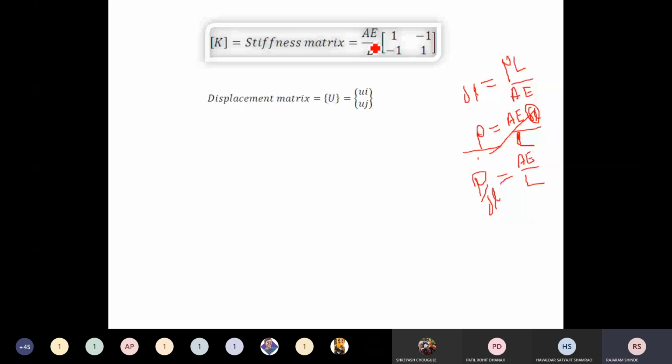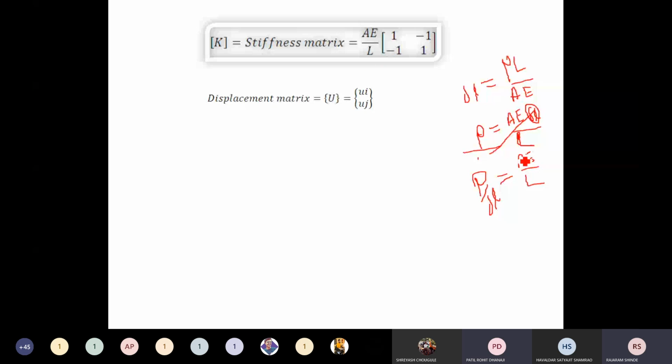That means if you observe the stiffness matrix, each term is AE by L. Therefore, it is the force required for unit displacement, or the force per unit displacement. So this matrix is known as the stiffness matrix.